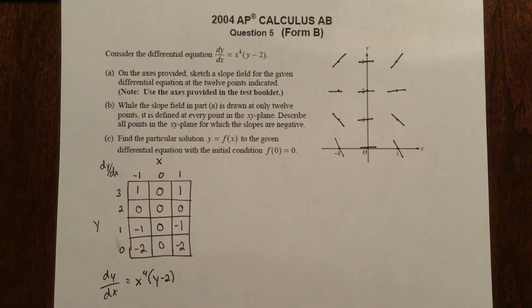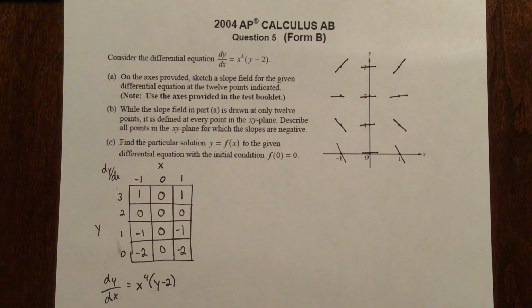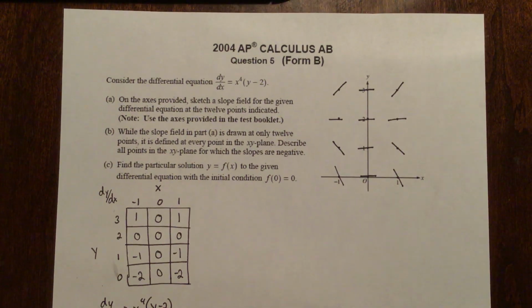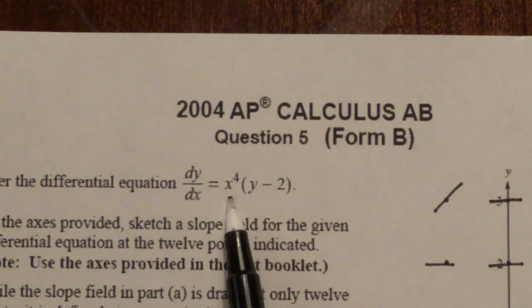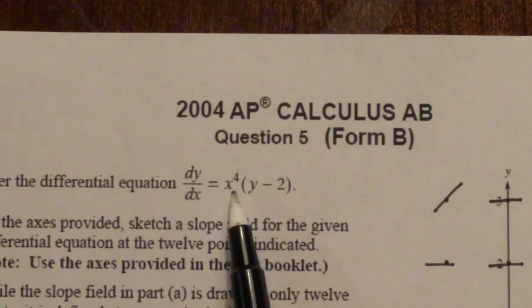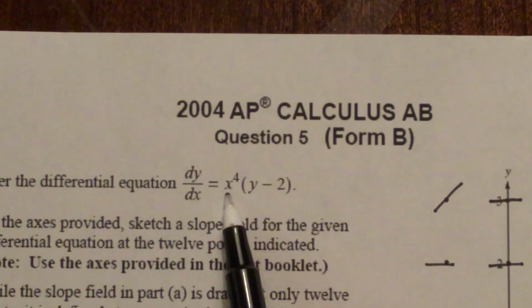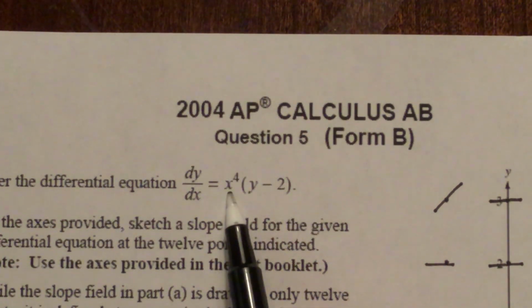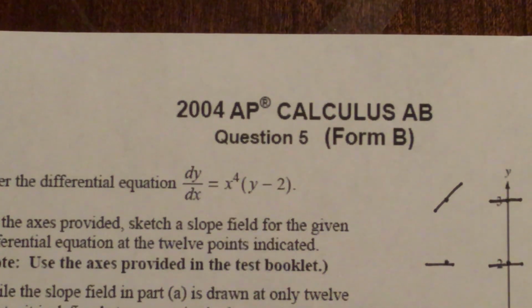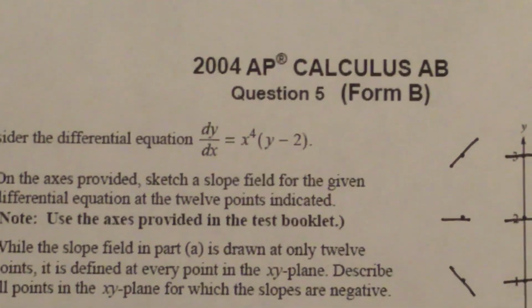Well, we discovered that it doesn't really matter what x is, right? If you plug in a positive number or a negative number, it's just going to end up positive over here, except if x is 0. So we can possibly have negative slopes.